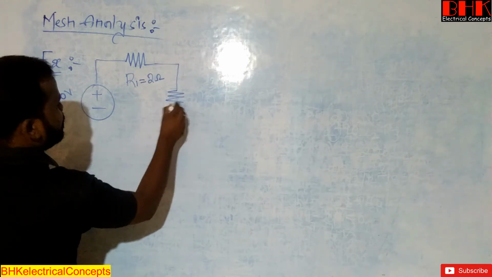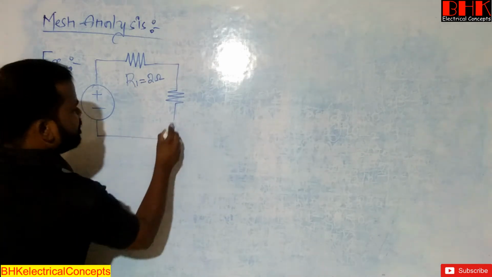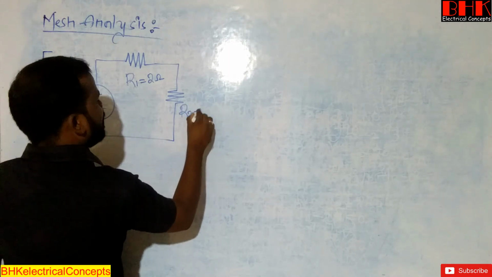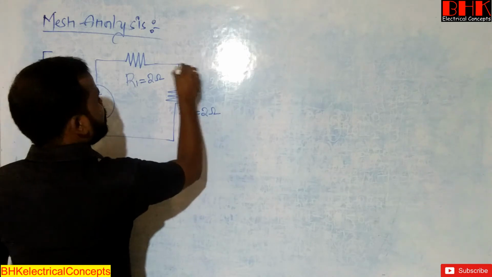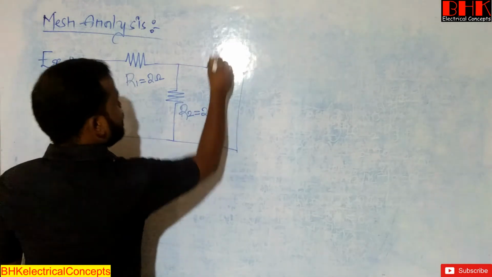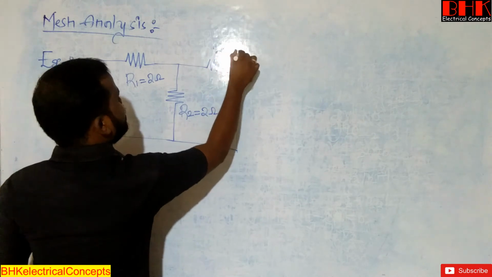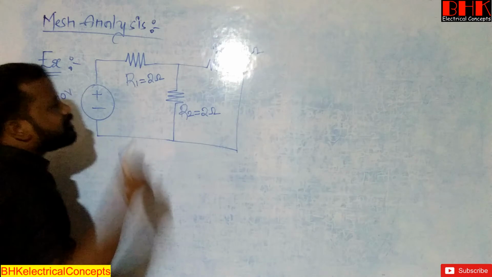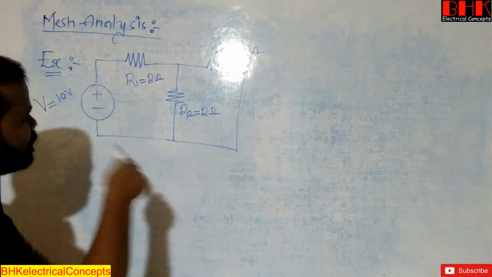You can take whatever values you want. R2 is again 2 ohms, and R3 is 2 ohms. So all the values in the circuit are 2 ohms only.